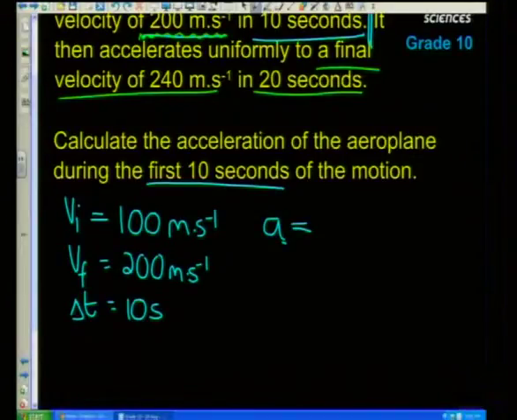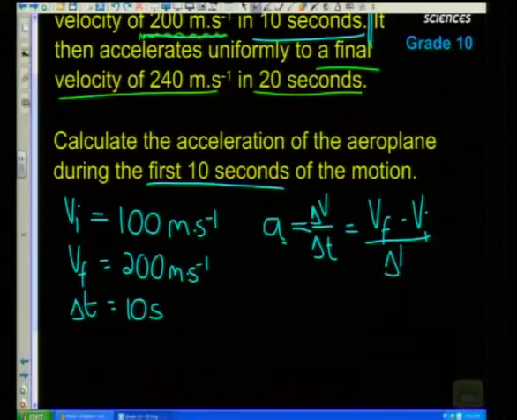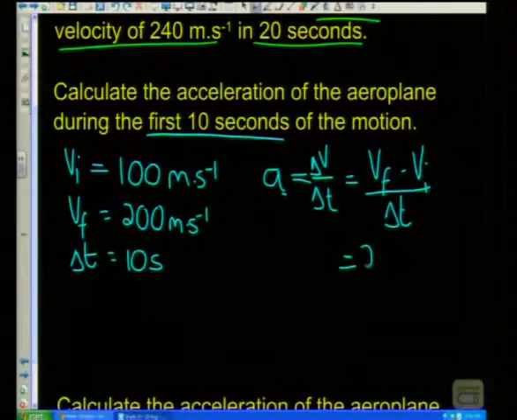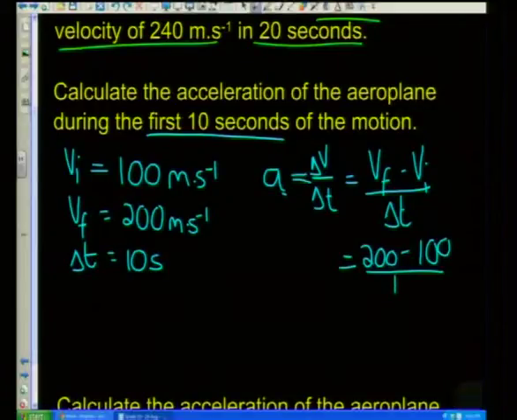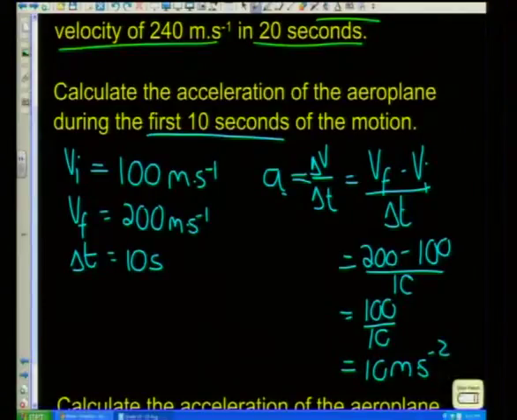So acceleration is change in velocity over change in time, which is final minus initial. I'm hoping at least some of you know this equation already. And so we're going to go 200 minus 100 divided by 10. So that's 100 divided by 10. 10 meters per second squared.